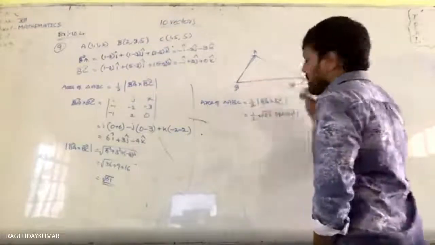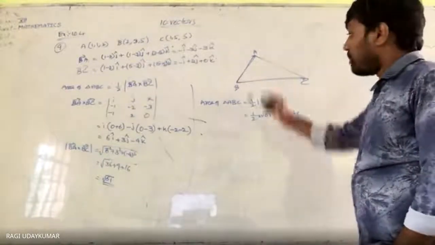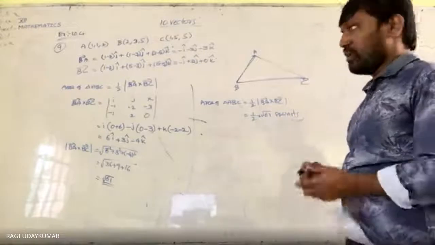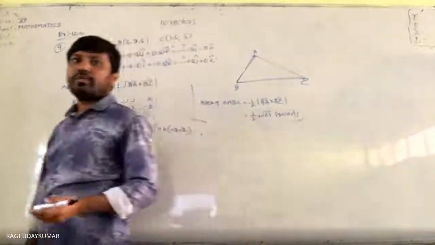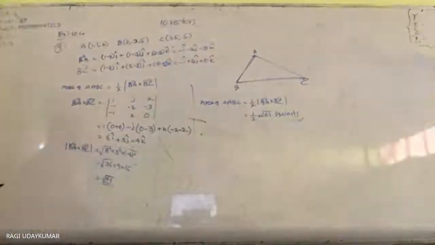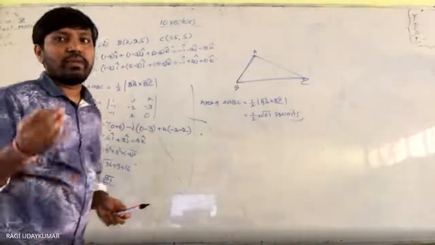BA cross BC compulsory. पहले हम लोग AB cross BC ले लिया है, वो गलत है actually, but the answer you are going to get is the same answer. 10th problem, you take into consideration area of the parallelogram whose adjacent sides are determined by the vectors.